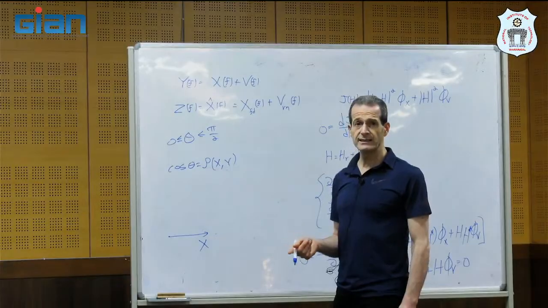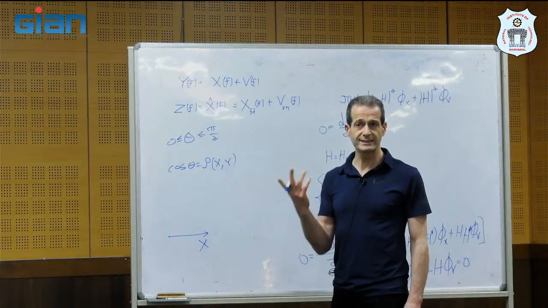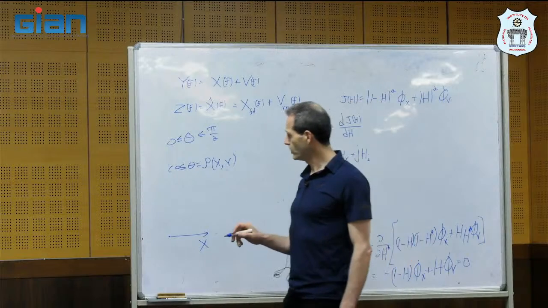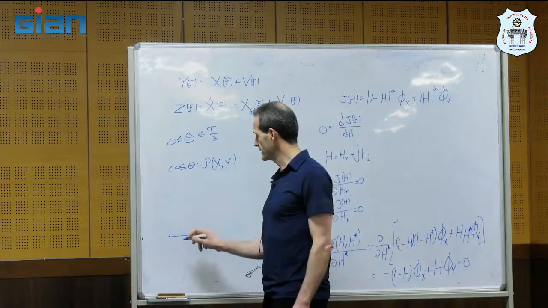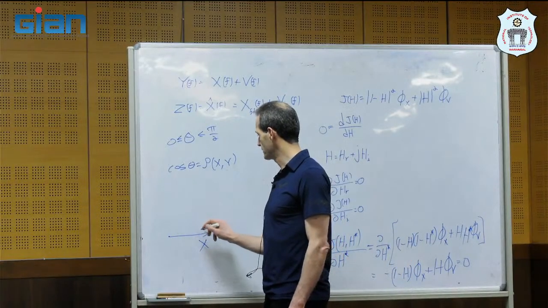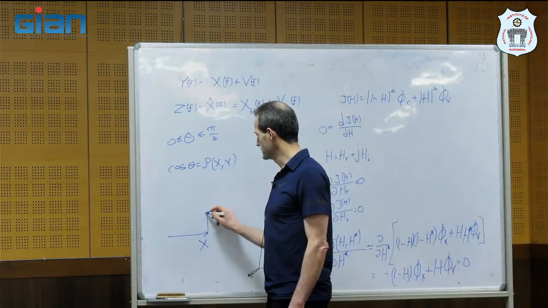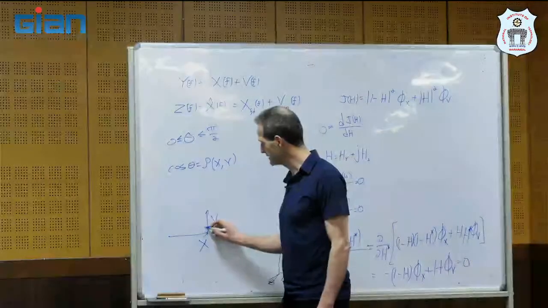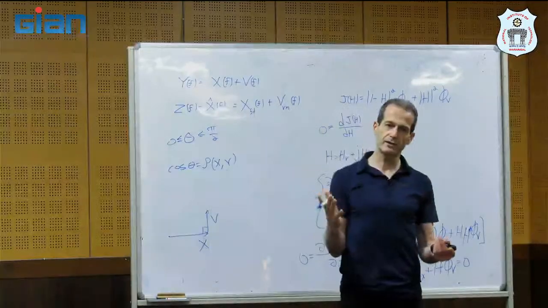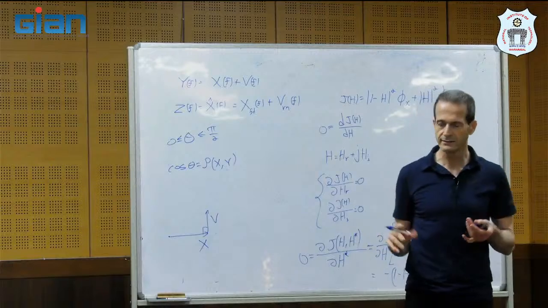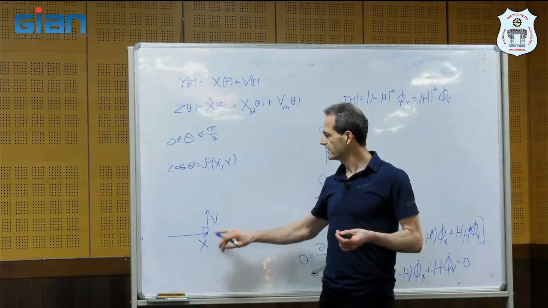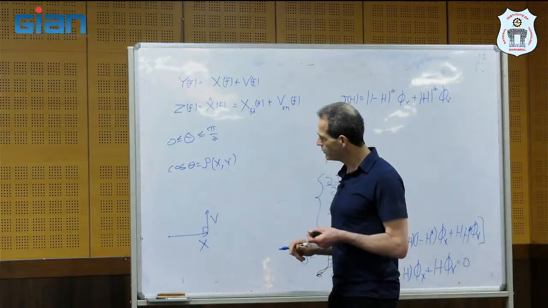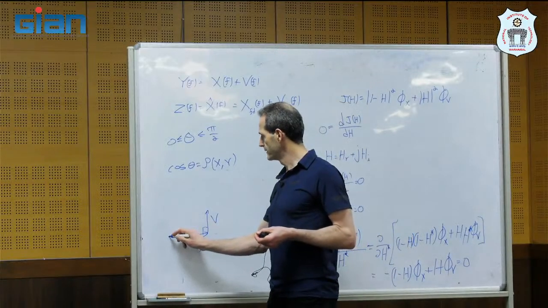And the noise is uncorrelated with the signal, so I can write it like this. This is the noise, uncorrelated, so we have 90 degrees here. When we have two uncorrelated signals, we have 90 degrees between them. And then we can represent their summation.